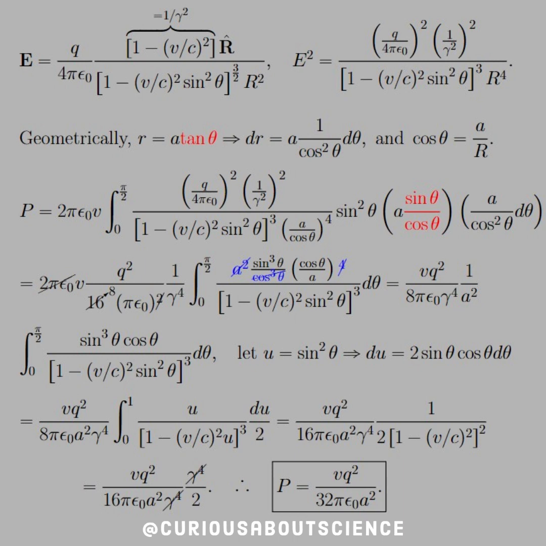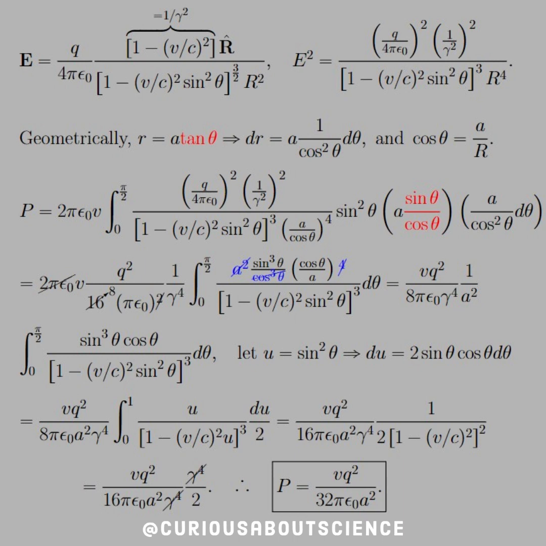So dr is just a over, well, we know the definition from tangent, taking that derivative will give us 1 over cosine squared d theta. Nothing really upsetting there in my opinion, because it goes to secant squared, which is 1 over cosine squared.